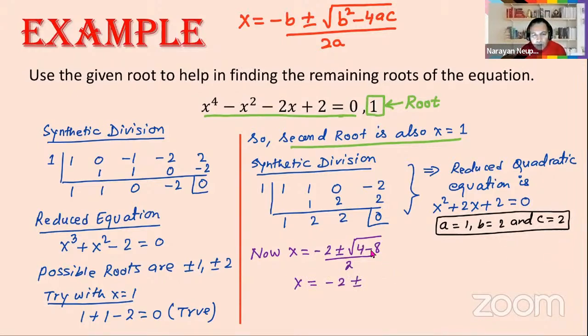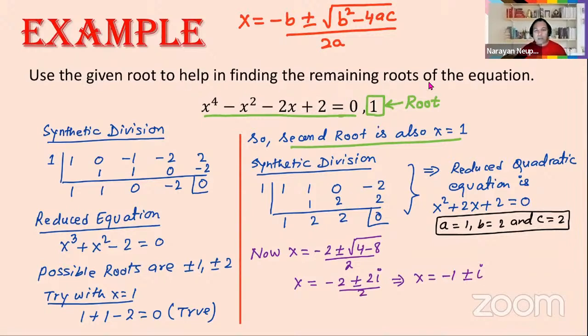Now look here, 4 minus 8 is -4, and the square root of -4 is 2i, divided by 2. If we simplify this, we get x equal to -2 over 2, that's -1, and then plus or minus 2i divided by 2 is i. So here we got two values, -1 plus i and -1 minus i.